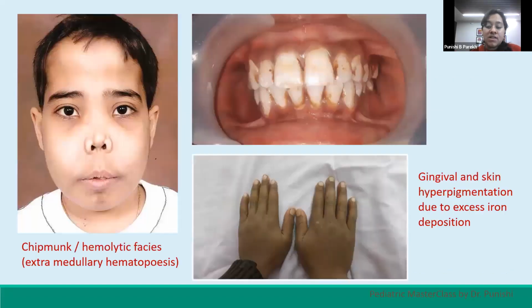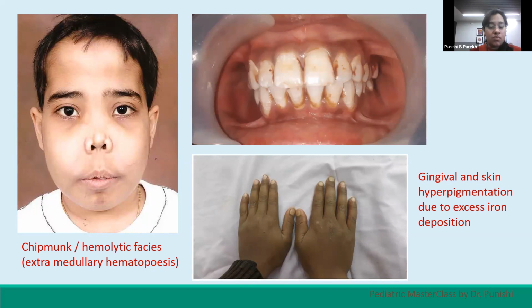This is a typical face that you will see in those with chronic hemolytic anemia, which is a feature of intramedullary hematopoiesis. Intramedullary hematopoiesis results in expansion of all these bony prominences and bony spaces, which gives them this typical chipmunk or hemolytic faces.